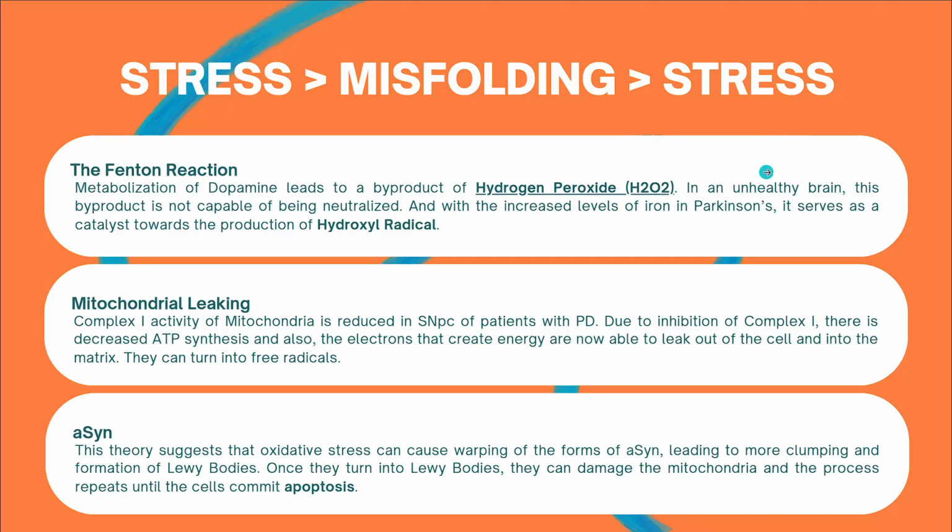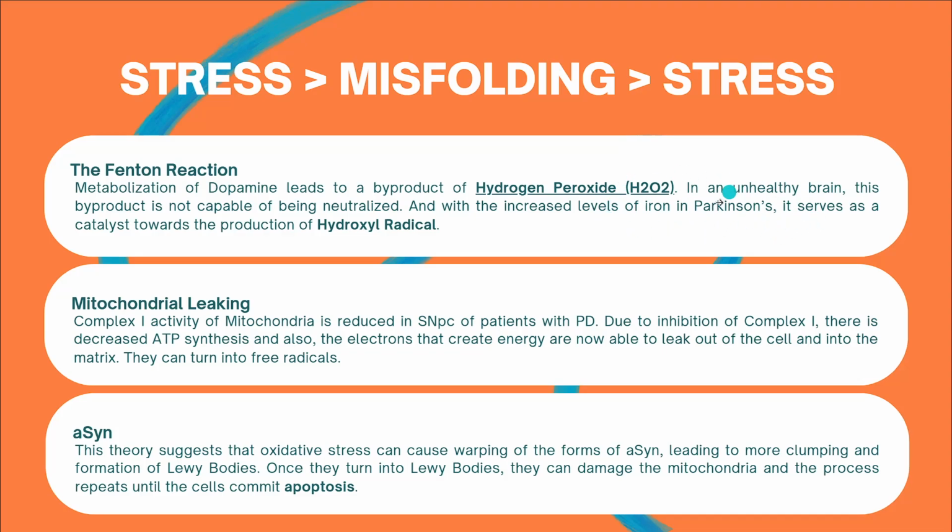Crazy. So in a healthy brain, usually hydrogen peroxide can be neutralized. However, in unhealthy brains, like patients with Parkinson's disease, this byproduct is not capable of being neutralized. So what happens when we can't neutralize this byproduct?